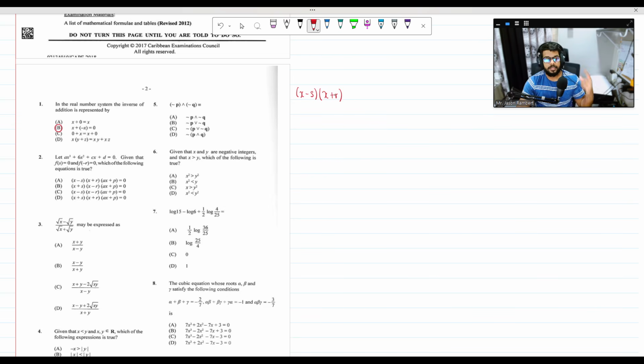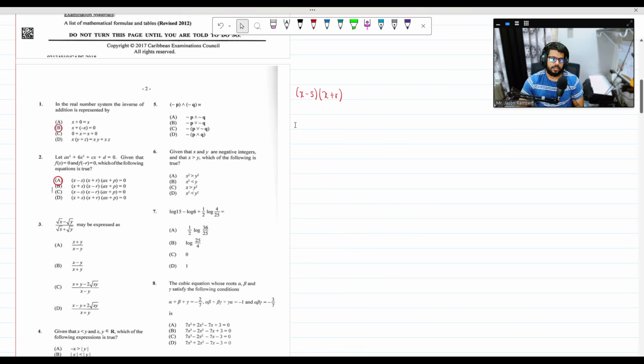Because I'm getting a cubic, I need to multiply these two linears by another linear. In the 4 options we have, that other linear is represented by ax plus p. So I am looking for a, x minus s, and x plus r.